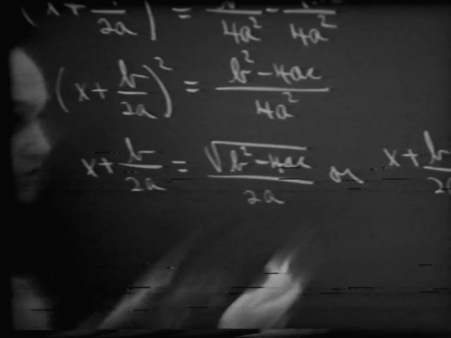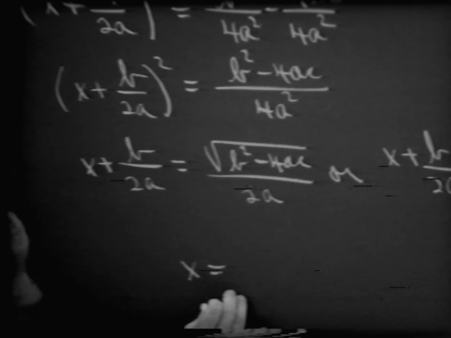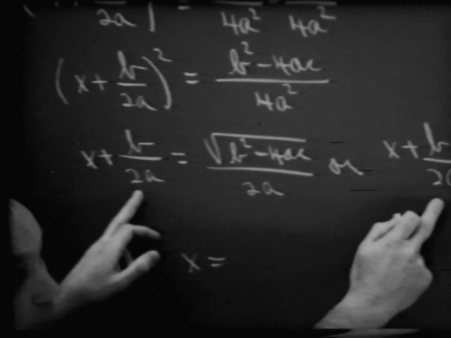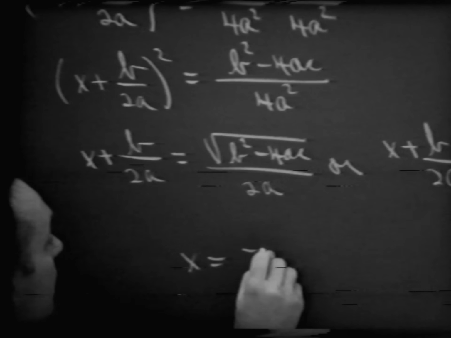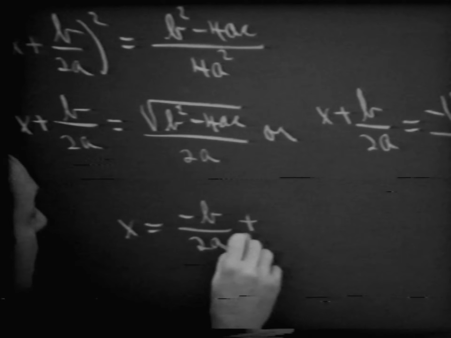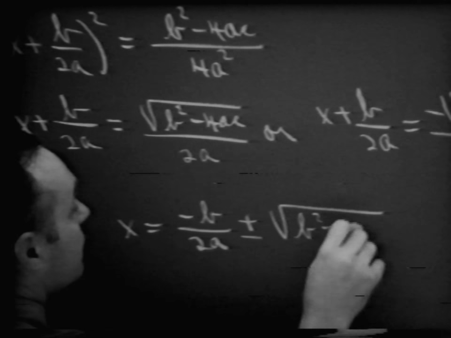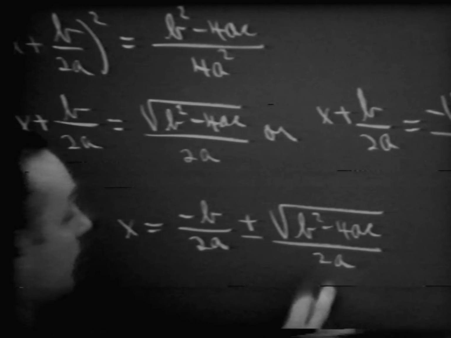Now, let's then, with this word or, combine these two sentences, these compound sentences, into one if we can. At the same time, let's subtract this number from both sides, all right? Which we have the opposite of b all over 2a, and let's write this as plus or minus the square root of b squared minus 4ac all over 2a. Is that right?